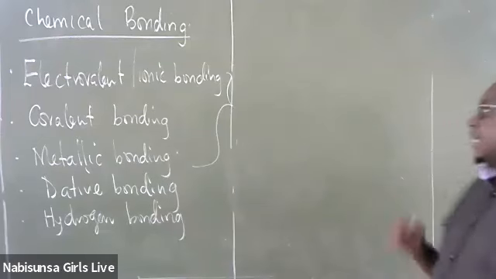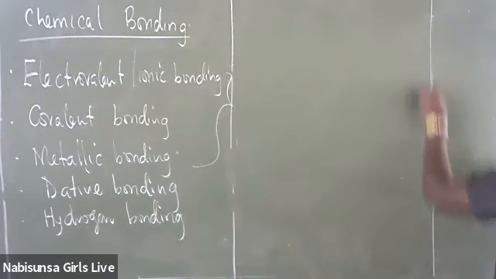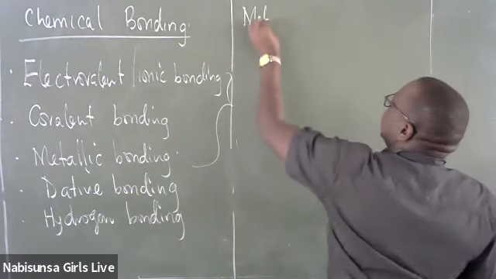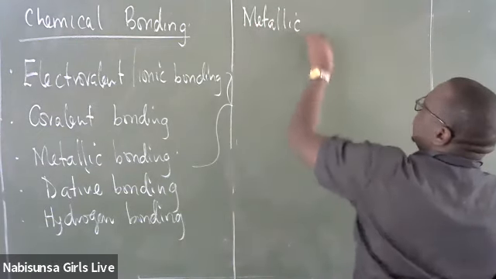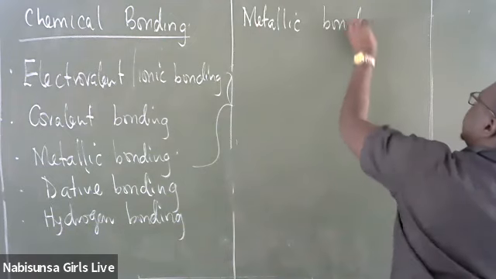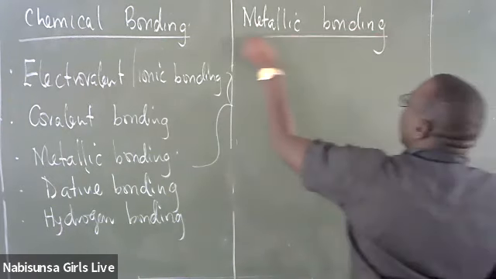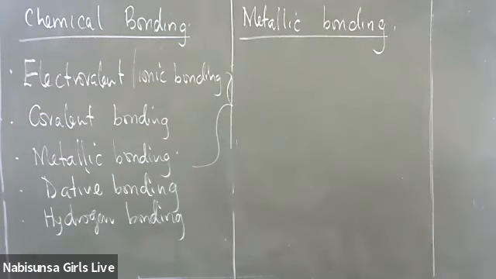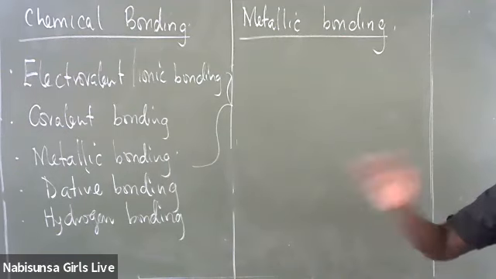Okay, so here I'm going to start with all the types of bonding I've listed, starting with metallic bonding. Bonding is all about chemical combination of two or more atoms or elements.